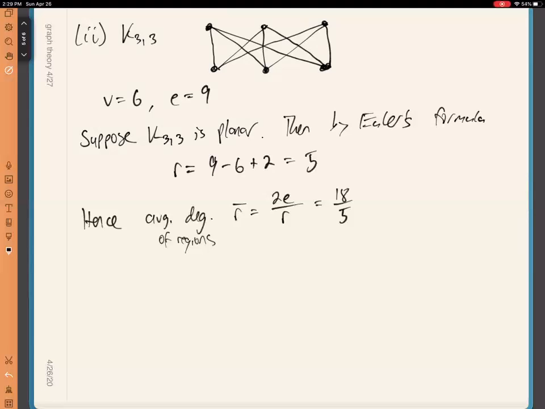And of course, since 18 is smaller than 20, 18 over 5 is smaller than 4, strictly smaller. And therefore, using the same argument that we saw in part 1, if the average is smaller than 4, it implies that there has to be at least one region of degree smaller than or equal to 3.